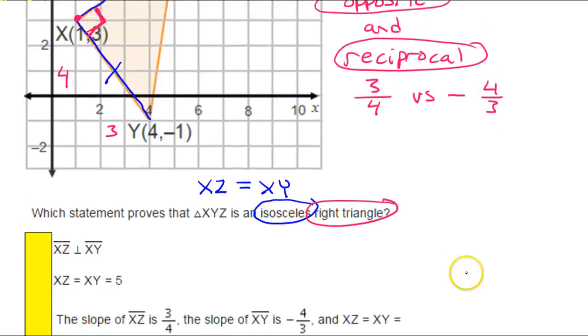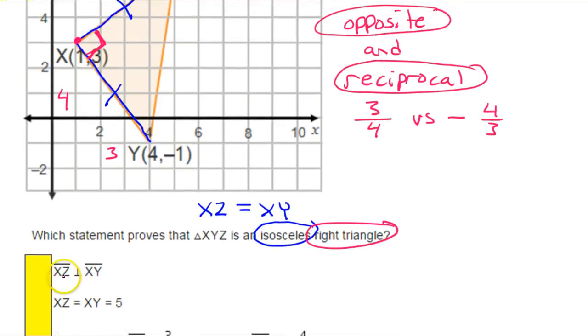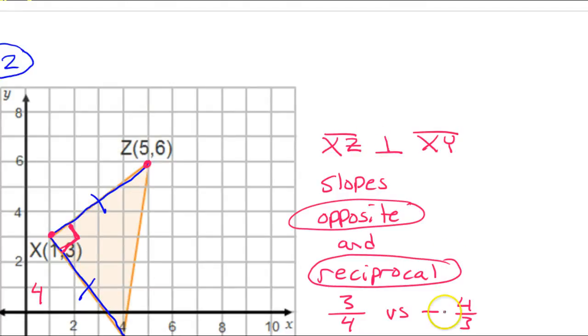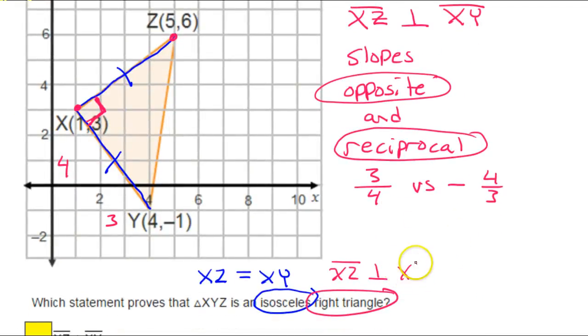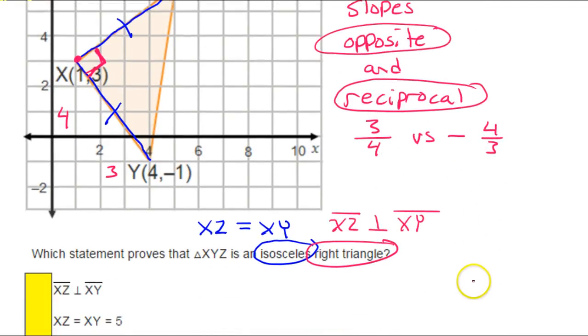So here it says XZ is perpendicular to XY. That's good. That's one of the things I wanted. But that only gets me halfway there. That's not enough.